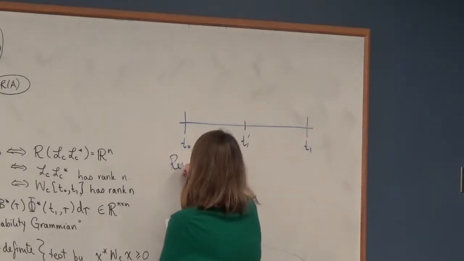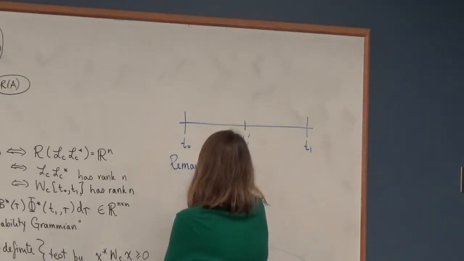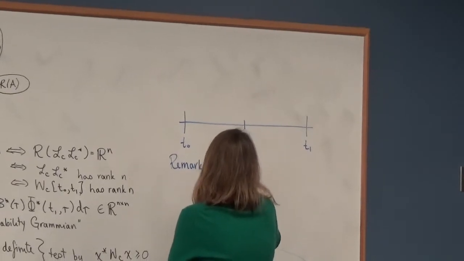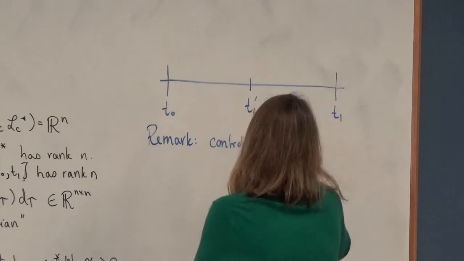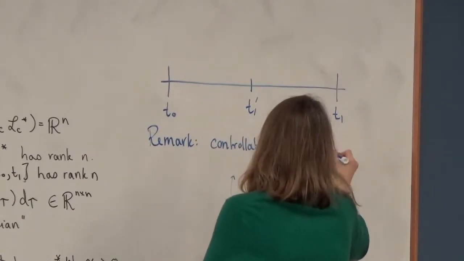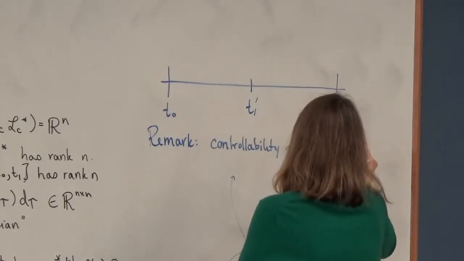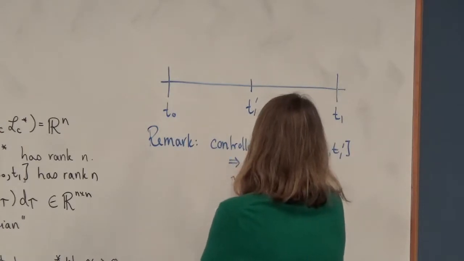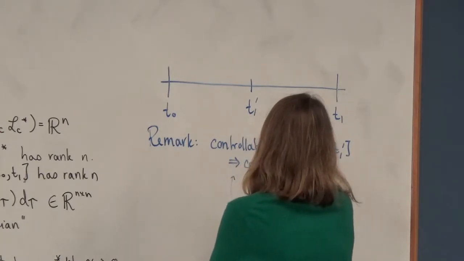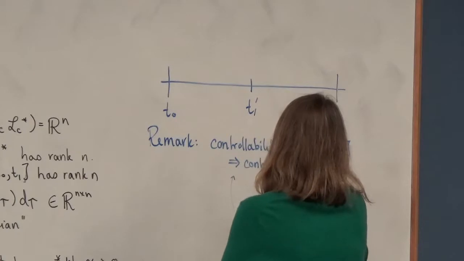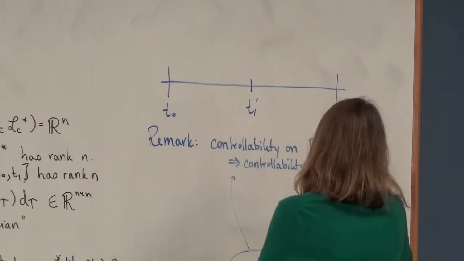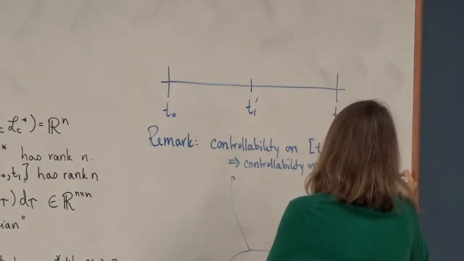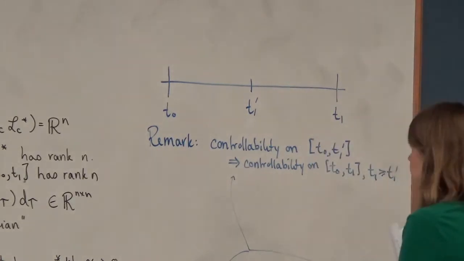So, remark. Controllability on t0 to t1 prime implies controllability on t0 to t1, where t1 is greater than or equal to t1 prime.